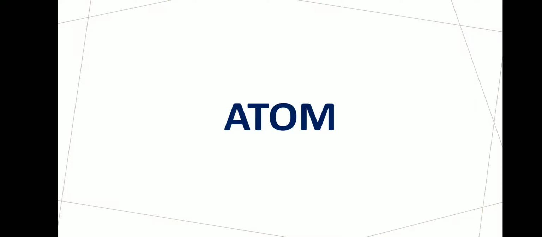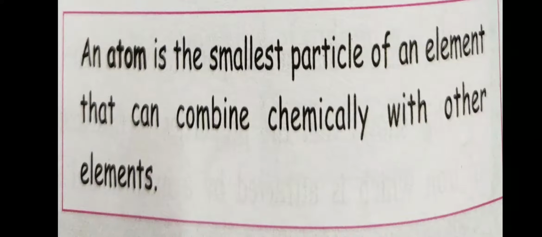Each molecule of the compound iron sulfide contains iron and sulfur that have joined chemically together. Thus, within each molecule of this compound, there are smaller particles of iron and sulfur. So, we can define atom as the smallest particle of an element that combines chemically with other elements.